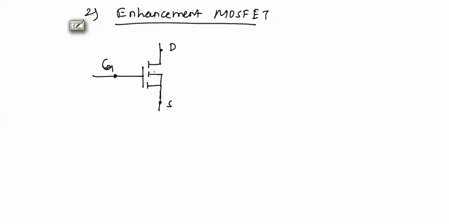And we will have one more terminal, that is body. For p channel, the symbol will be again like depletion type MOSFET. The arrow will be outward. Body, drain, gate, and this is source terminal.